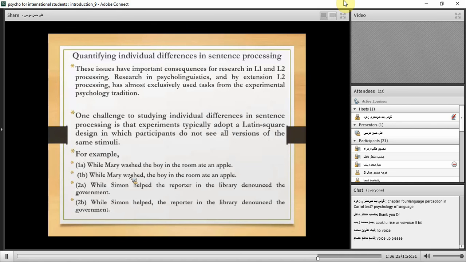The fact that research in second language sentence processing relies on tasks from the experimental tradition entails that second language research cannot take for granted that such tasks should be able to consistently measure individual differences.